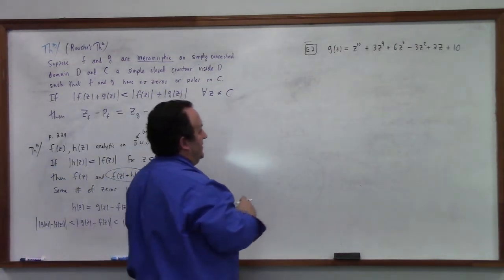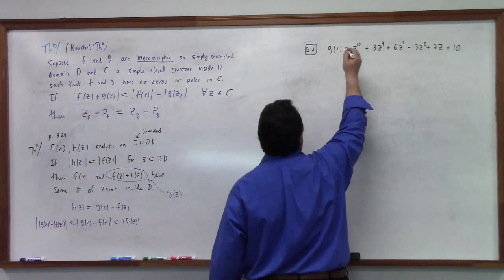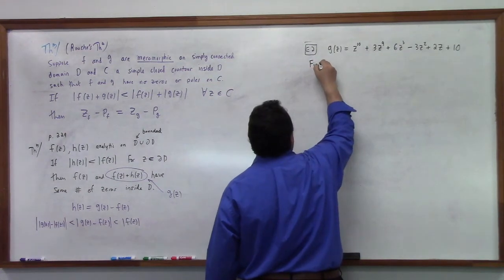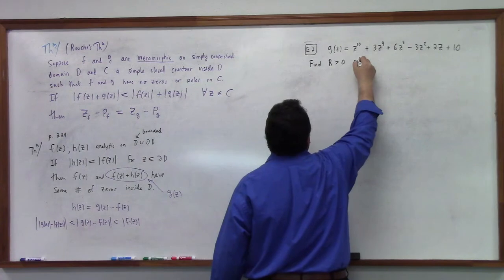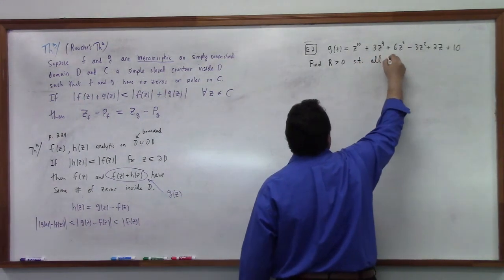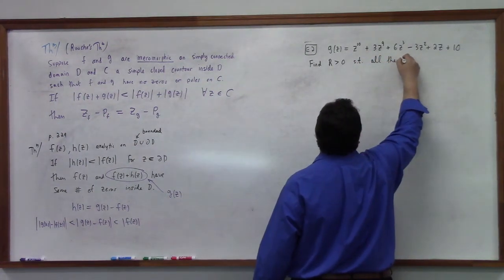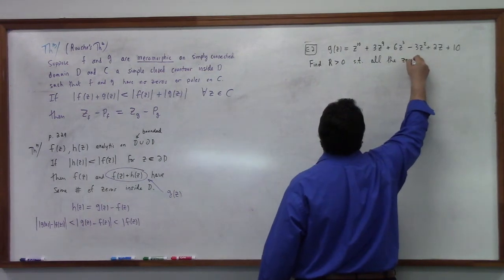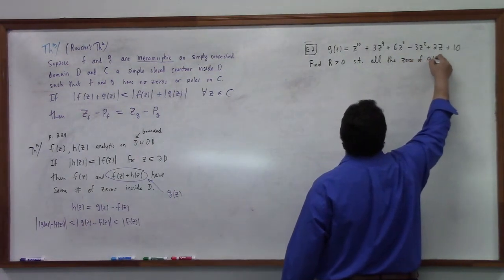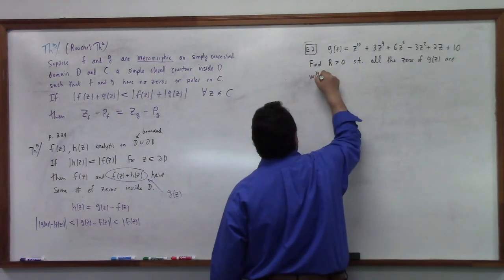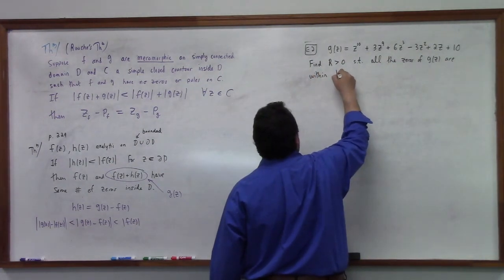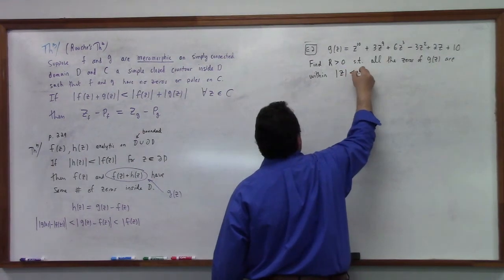So here's my challenge to you. Find r greater than 0 such that all the zeros of g of z are within modulus of z less than r.